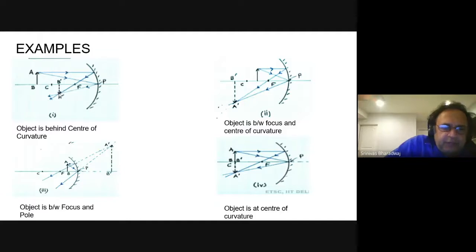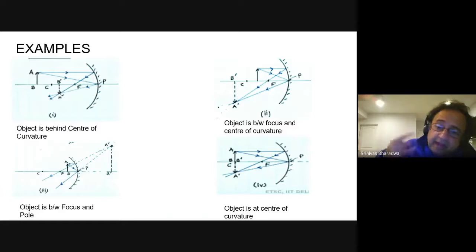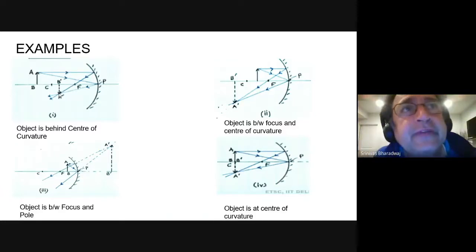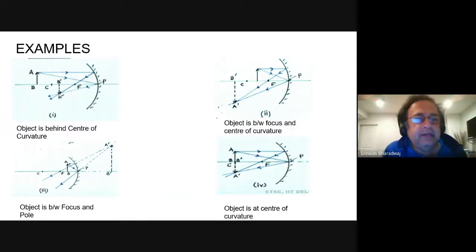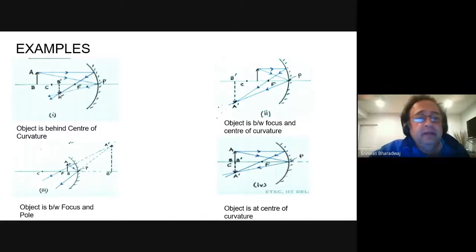Now, if it is between F and P, it will form a virtual image, but it will not be inverted. It will be virtual and in the same direction as the original object and bigger. Okay, so very close to a concave mirror, if you put your face right there, it will look like you are inside the mirror in the same direction, and you will be huge.